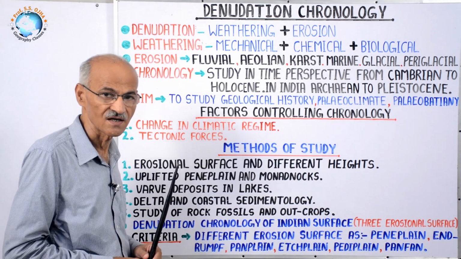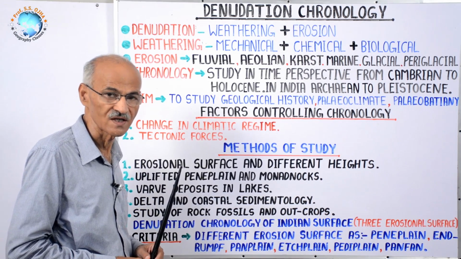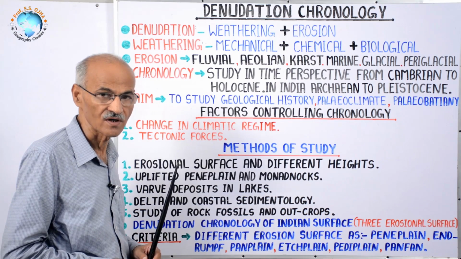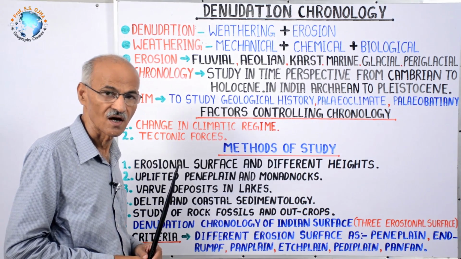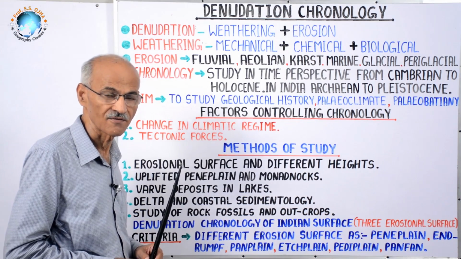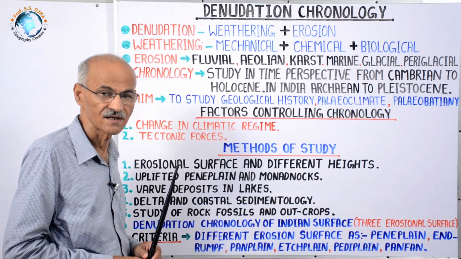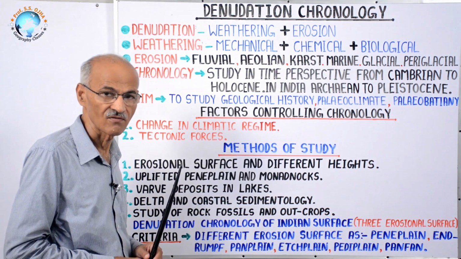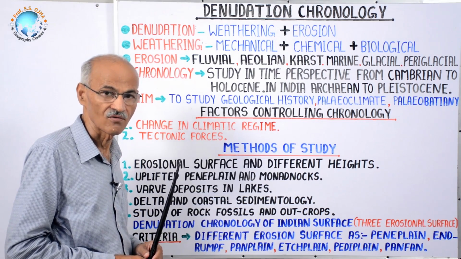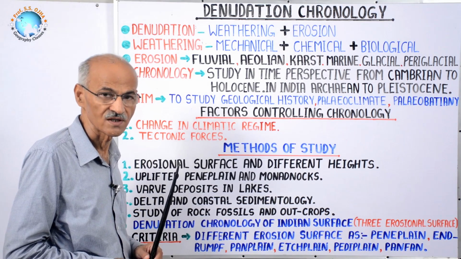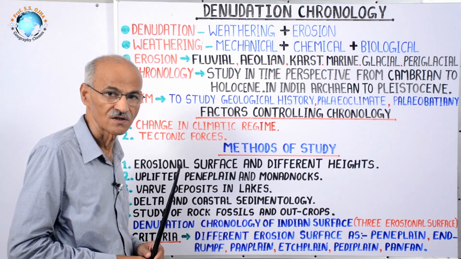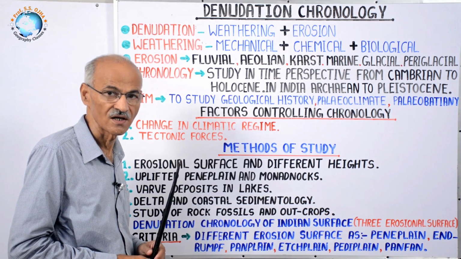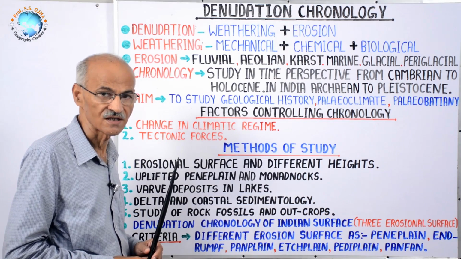If the second layer consists of coarse material, it means it required a large volume of water to transport it, and the layer of boulders reveals that the climatic regime was very strong, rainfall was heavy, and the water discharge was voluminous, which transported the coarse materials, and this was deposited in layers in the form of sediment.